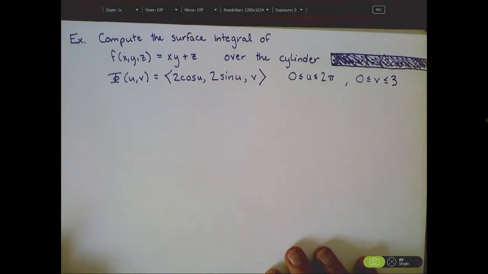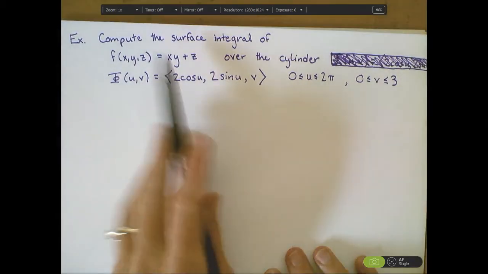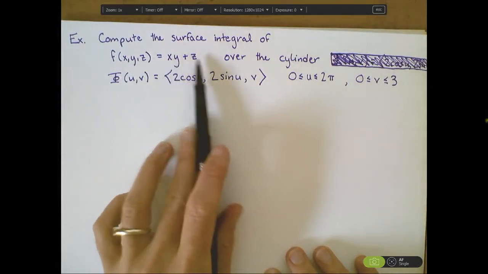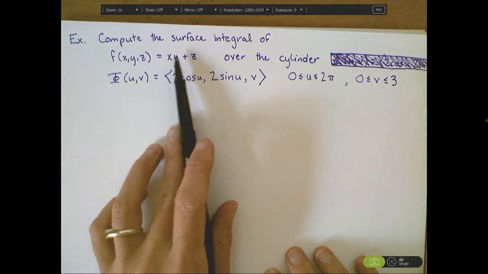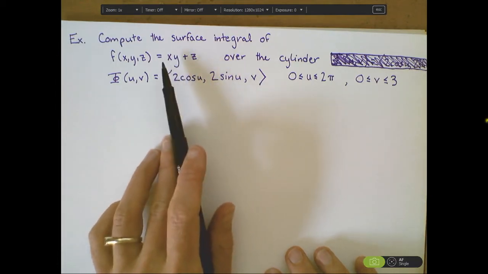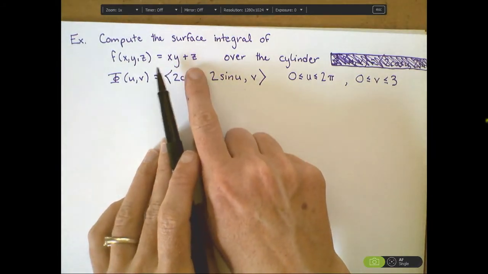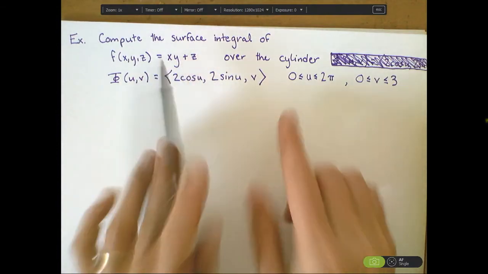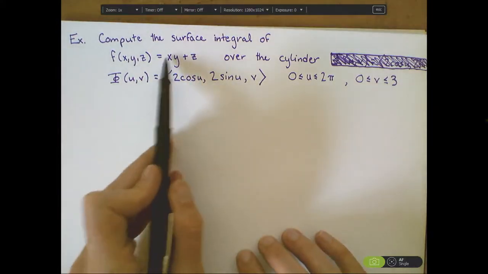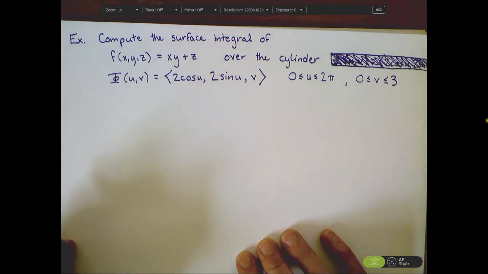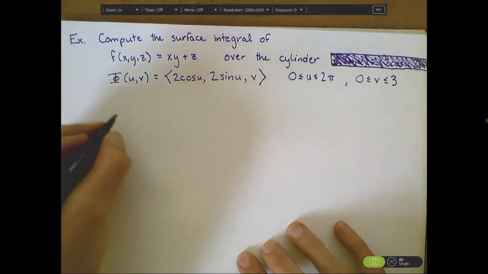Let's look at an example. We're going to use the same cylinder as before, only this time we're thinking of our space as having this density function. As we sum up over the surface, each part of the surface is going to have a different density, and we want the total mass. So let's use the formula that we had before.